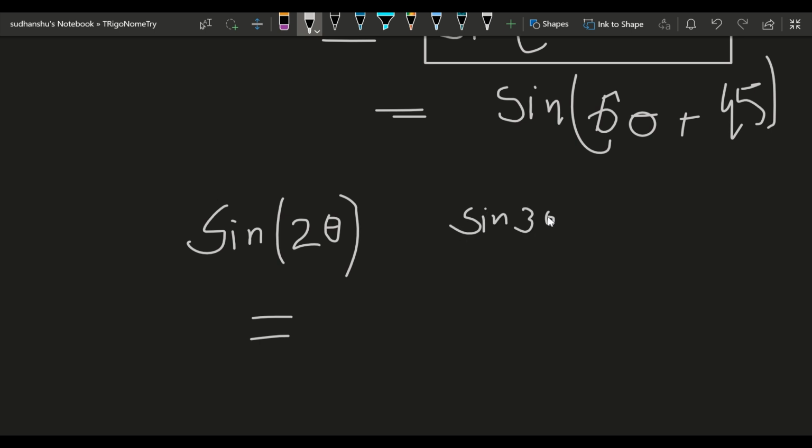At least. So if I divide it by 2 and multiply it by 2, this becomes 15 and I multiply this by 2. So this kind of formula comes in handy when situations like these arise.